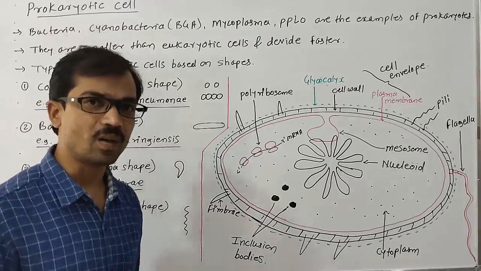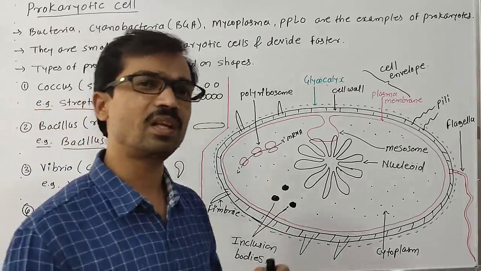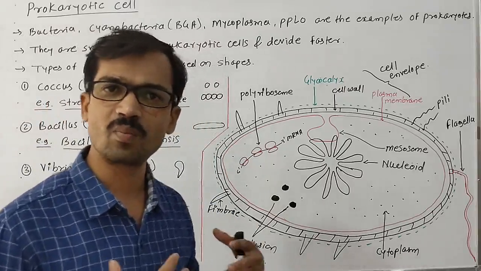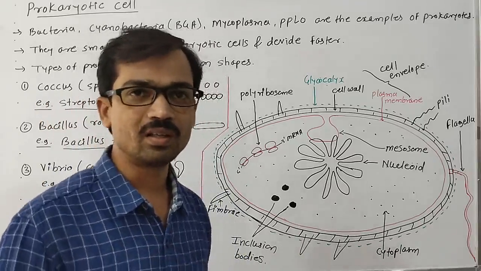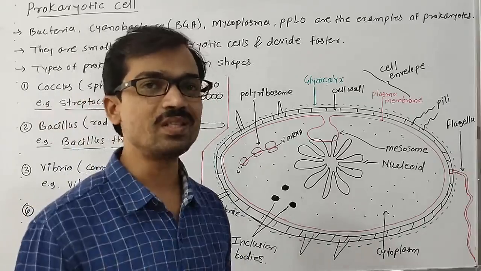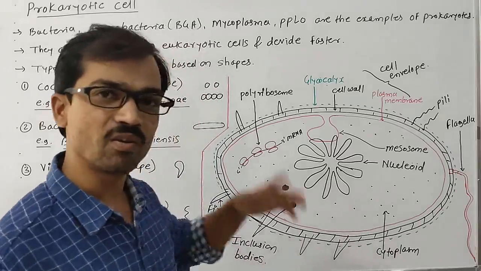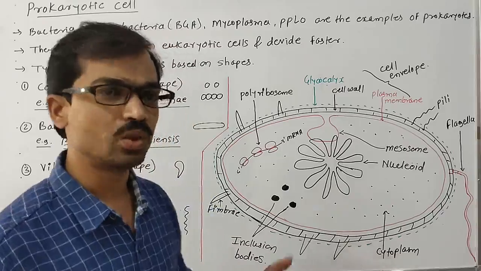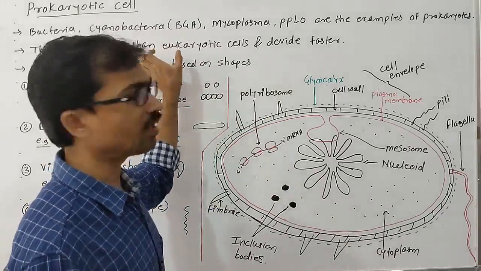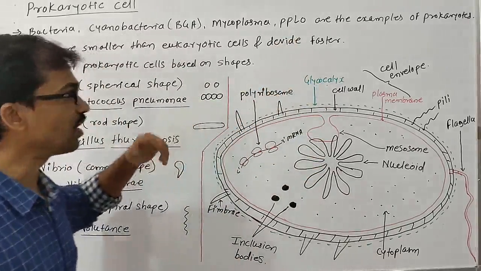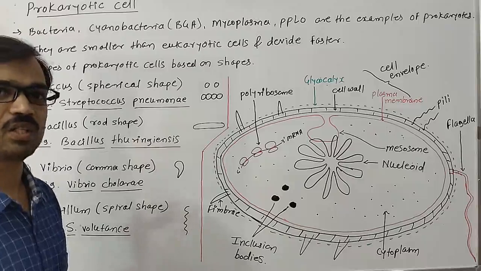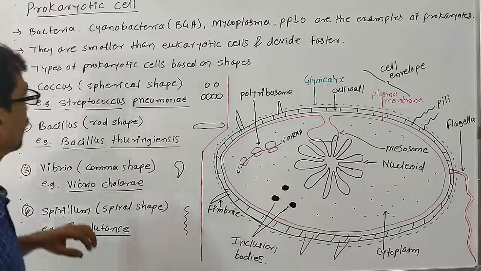In comparison, eukaryotic cells take a very long time to divide. For example, typical human cells in laboratory cell culture take 24 hours for one cell division, but E. coli can divide every 20 minutes. Because they are smaller and their generation time is short, they divide very fast and produce a large number of cells in less time.